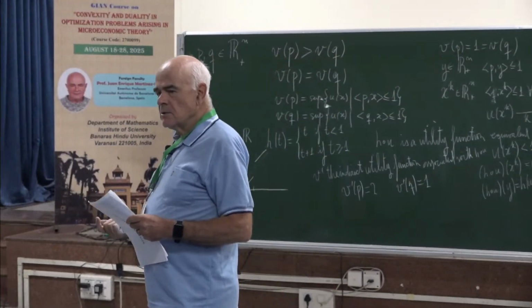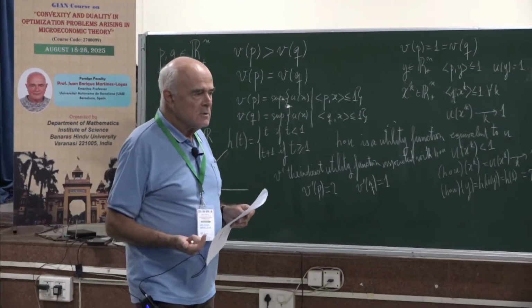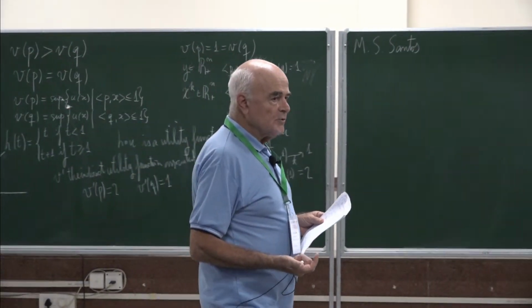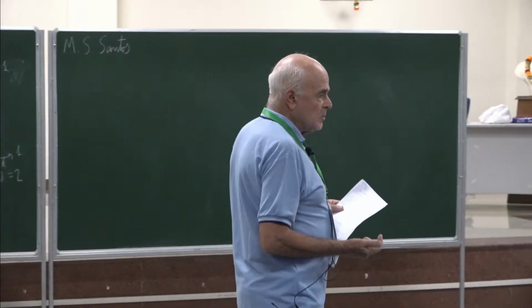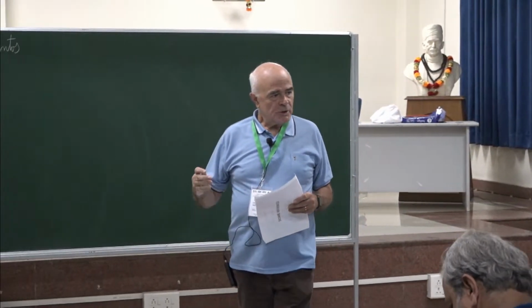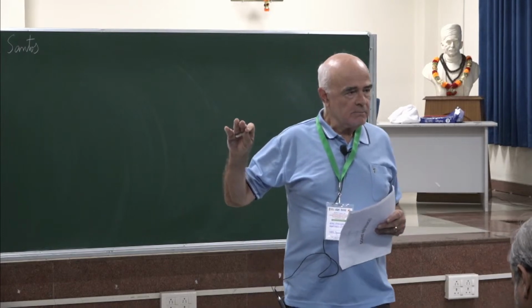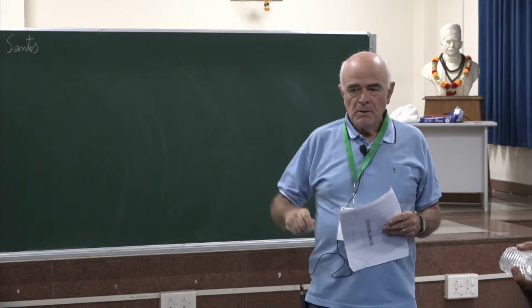And in those times, he was at the University of Miami in the US. Very good economist. He has, I think, several papers published in Econometrica, which is the top journal in economic theory. Top. Okay?